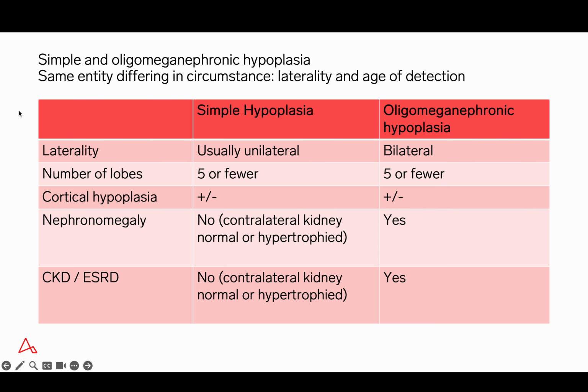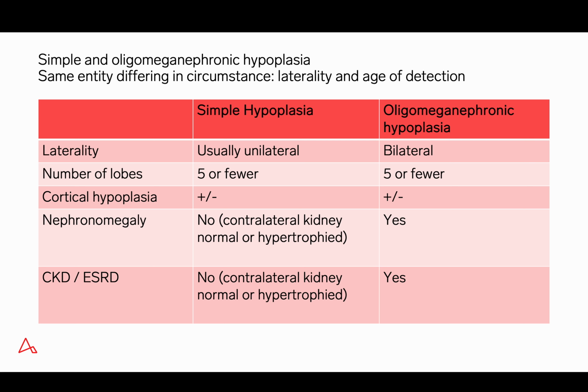So if we compare simple hypoplasia and oligomeganephronic hypoplasia, I would propose that they're essentially the same entity, but they differ in circumstance, namely laterality and age of detection. And by that I mean, if you look at simple hypoplasia, it's usually unilateral, whereas oligomeganephronia is bilateral. They have the same definition in terms of size, or weight, and number of lobes.